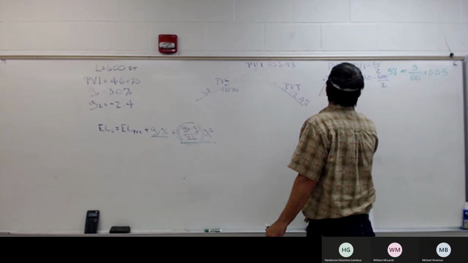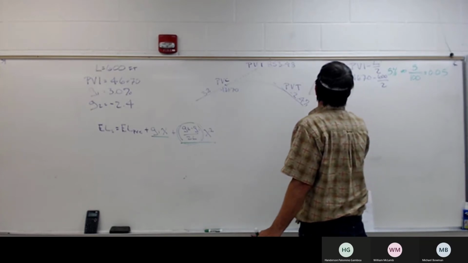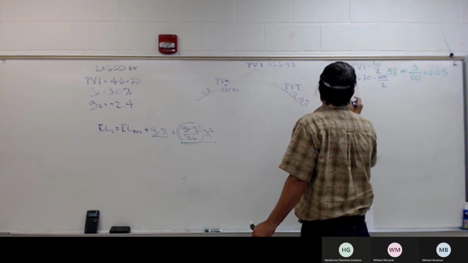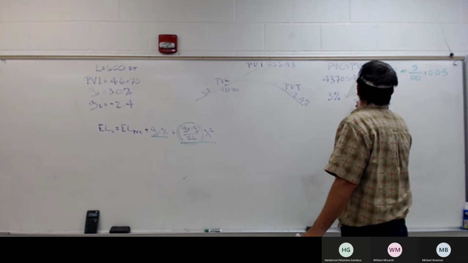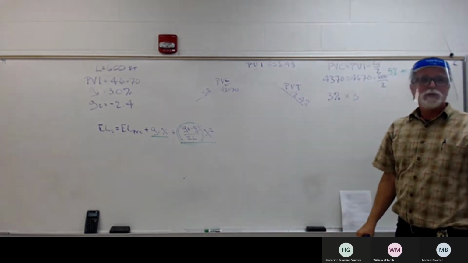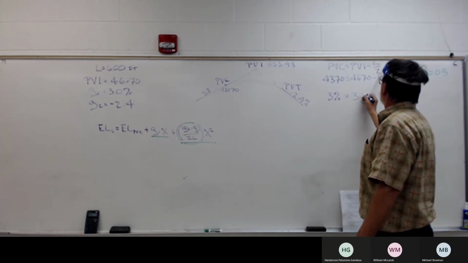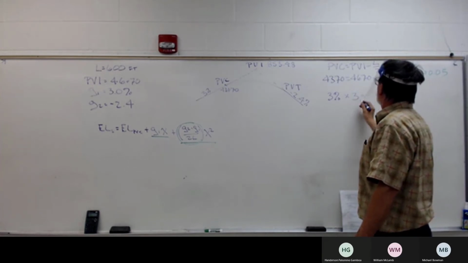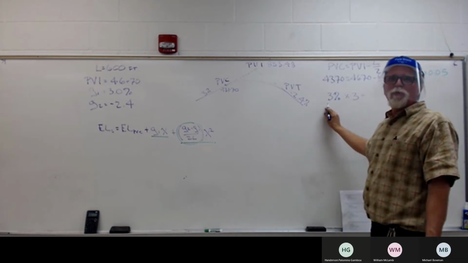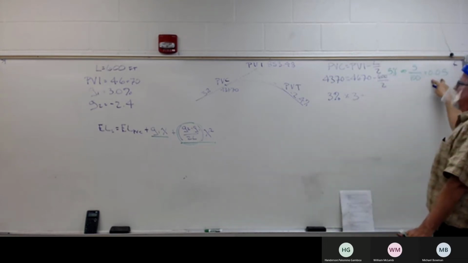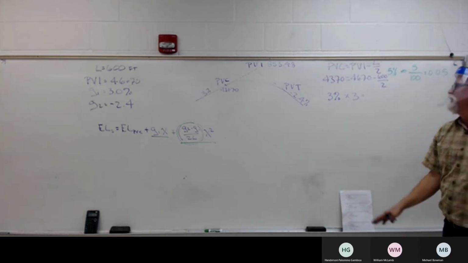Okay, so there are two mindsets of doing this. I can take 3% and multiply it by 3 stations to get my change in elevation. Or I could take 0.03, which is the decimal equivalent of 3%, and multiply it by 300.